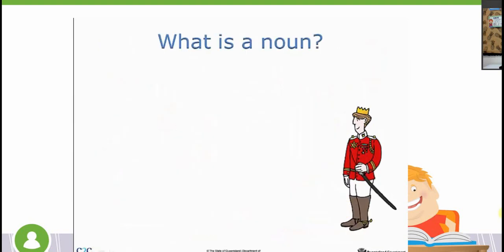Do you remember the information you collected in your character profile? This information will help you write sentences that describe that character in a character description. Many of the words you wrote in your character profile were nouns. Do you remember what a noun is?